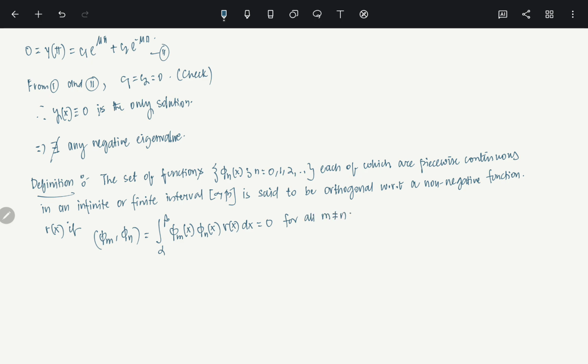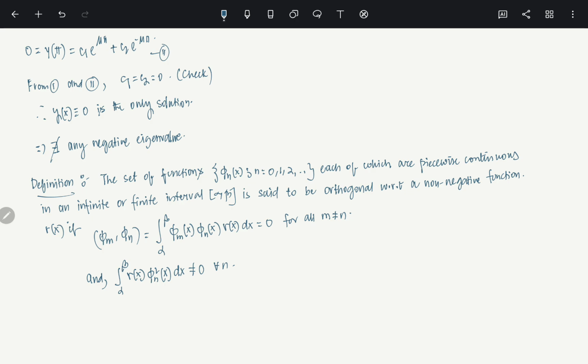And the integral from alpha to beta of r of x phi n square of x dx is non-zero for all n.